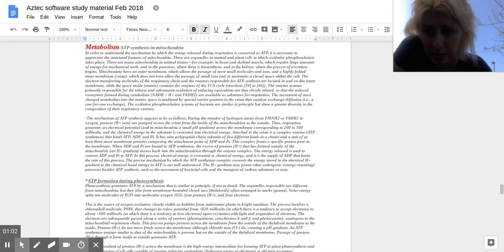The enzyme systems primarily responsible for the release and subsequent oxidation of reducing equivalents are thus closely related, so that the reduced coenzymes formed during catabolism or breakdown of molecules, such as NADH, hydrogen, and FADH2, are available as substrates for respiration.